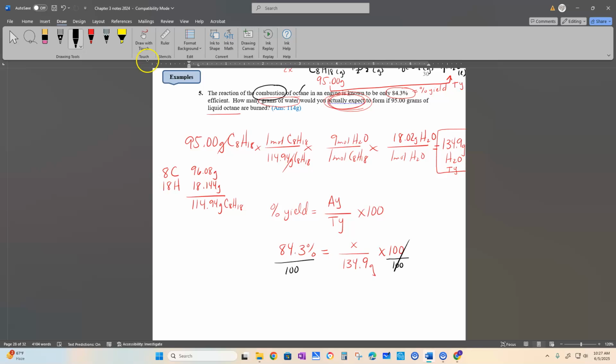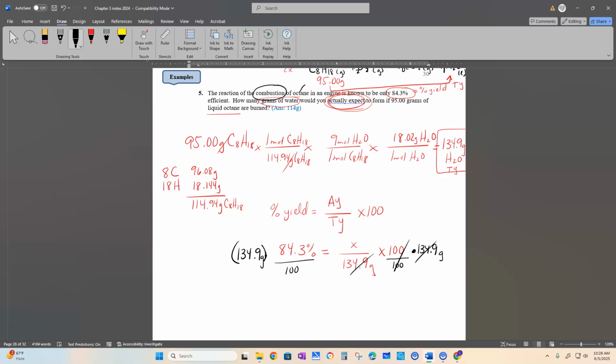So that way that 100's gone. And I need to multiply each side, and that's a multiplication sign right there, since I got so many X's here. 134.9 grams, but I have to do that to both sides. Actually, I'm going to put in parentheses. That way all those little dots don't get confusing. That's what's called cross multiply.